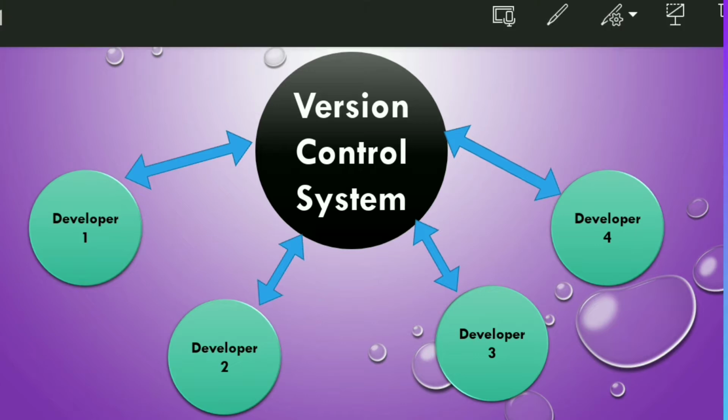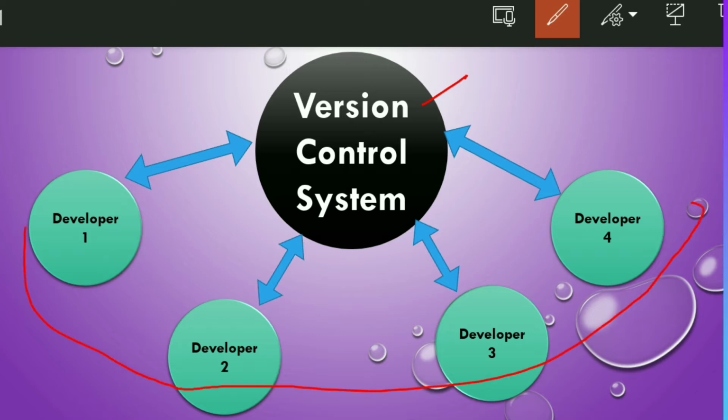So guys, here we have a version control system. As you can see here, this is our version control system, and four developers are working on the same project, and let us see how a version control system can help them. So let's assume that developer 1 made some modification in the code, and it will be sent to the version control system, and it will send copies of that code to all the developers, and vice versa.